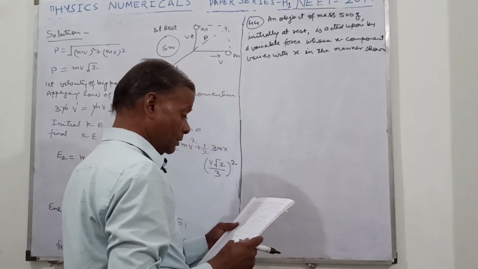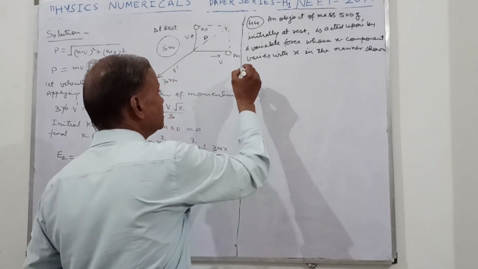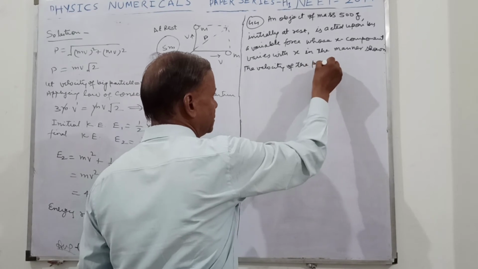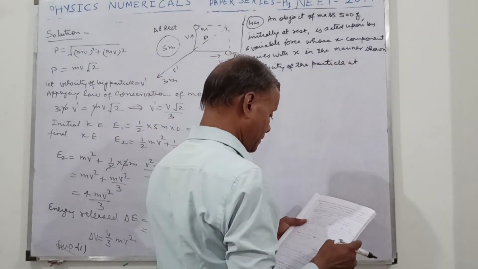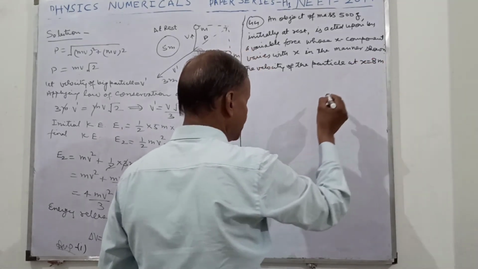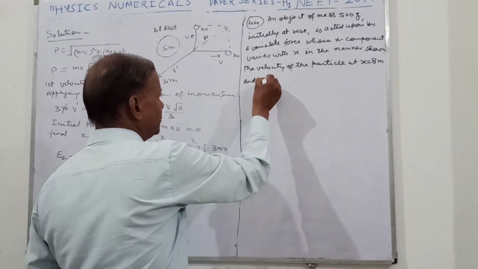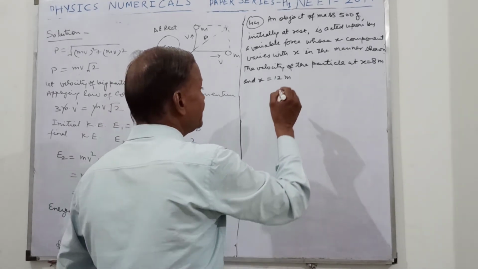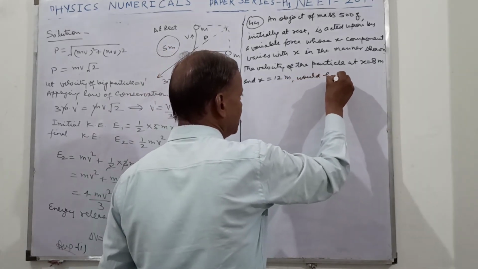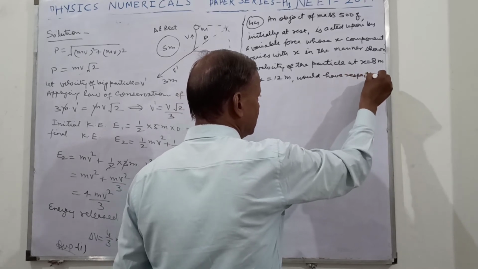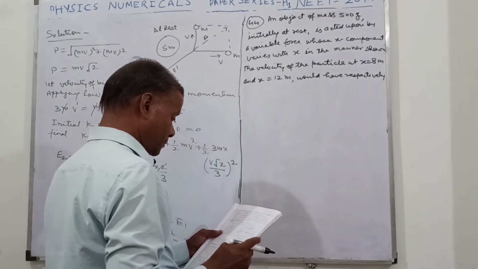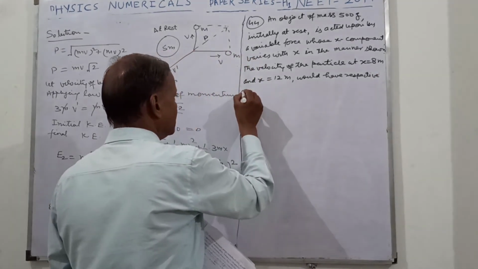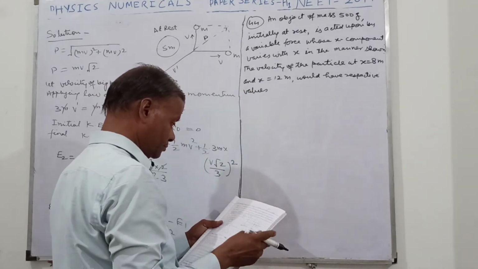The velocity of the particle at x equal to 8 meter and x equal to 12 meter would have respective values of nearly.